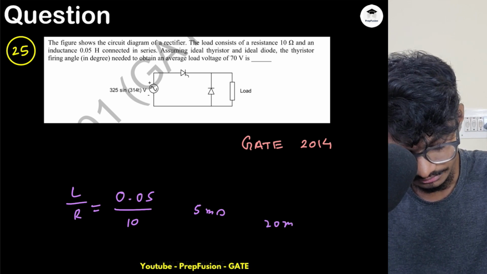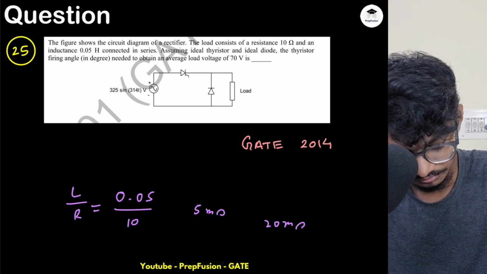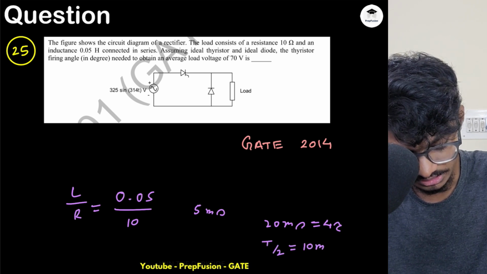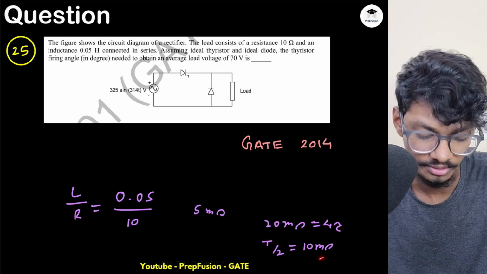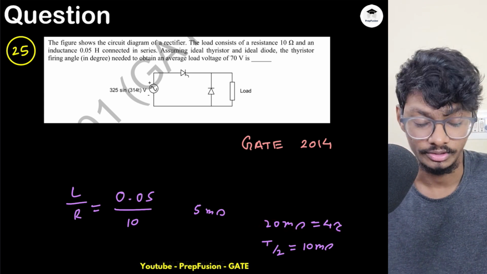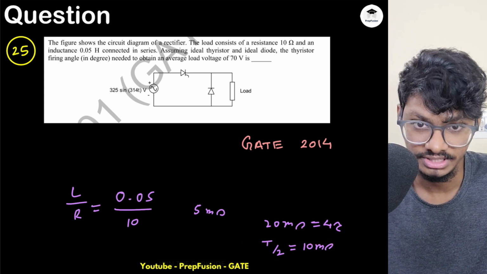And what is my T by 2? T by 2 is 10 milliseconds. So obviously I have more time to discharge. It will discharge in 4 tau and it has T by 2 time to discharge. So obviously my time to discharge is very high compared to the time for which it will be able to discharge.